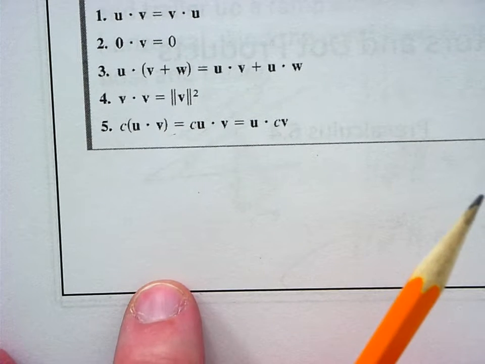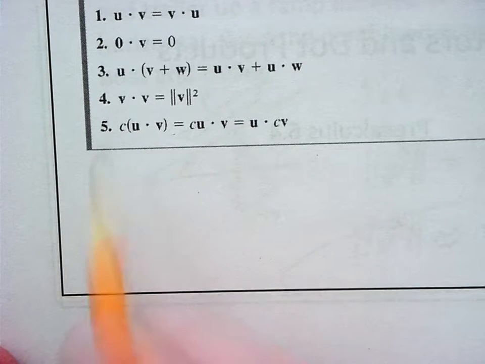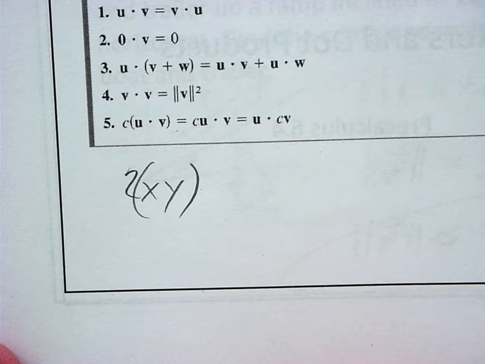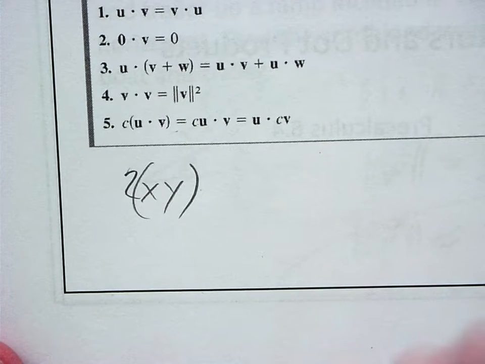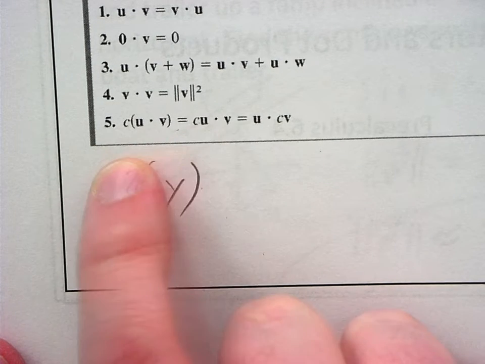Okay? And lastly, when you dot two vectors together, if you have a scalar multiplier, it's kind of like multiplying 2xy: you don't distribute the two to both things because it's multiplication. You distribute over addition, you don't distribute over multiplication. This is the same idea. You have a scalar multiplier out front, you don't distribute over the dotting of two vectors.